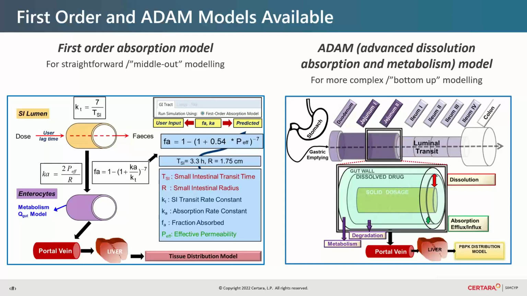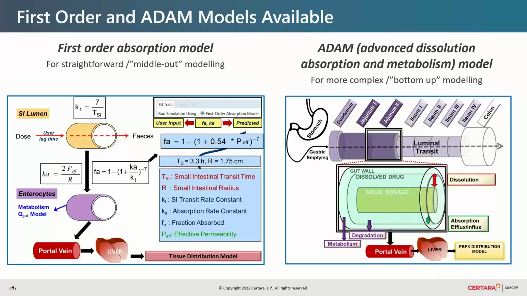We also have more advanced absorption models available, the ADAM model, where the intestine is split up into 9 different compartments. Within this model, within each compartment, we can think about dissolution of the compound, absorption of the dissolved drug, and precipitation.